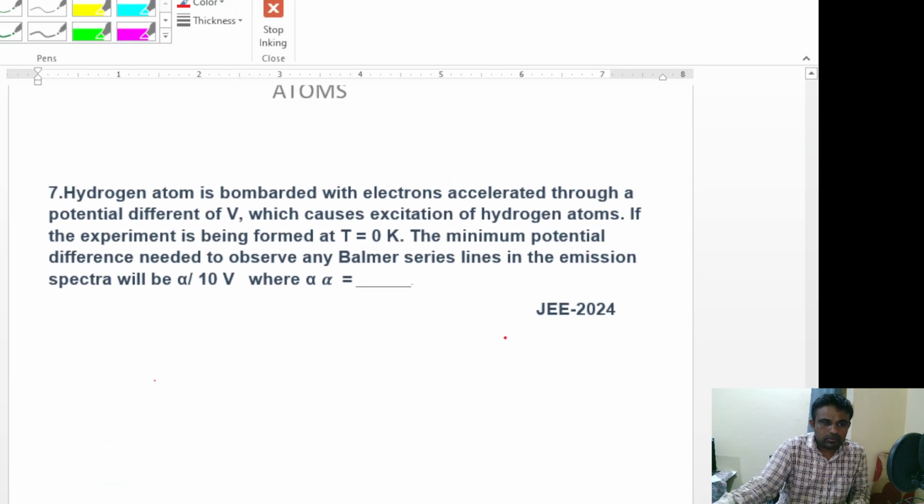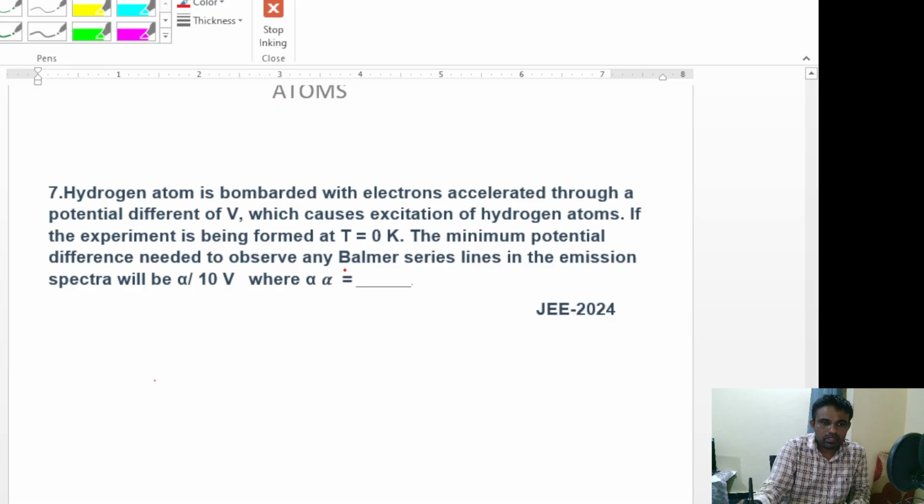Next question. A hydrogen atom is bombarded with electrons accelerated through a potential difference of V, which causes excitation of hydrogen atoms. If the experiment is being performed at T is equal to 0 Kelvin, the minimum potential difference needed to observe any Balmer series lines in the emission spectra will be alpha by 10 volts, where alpha is?